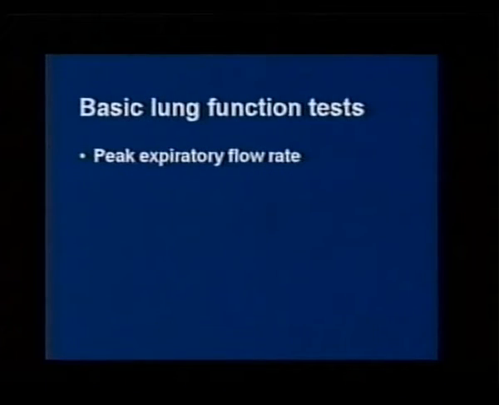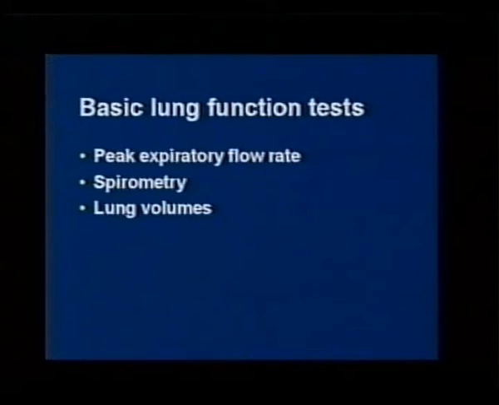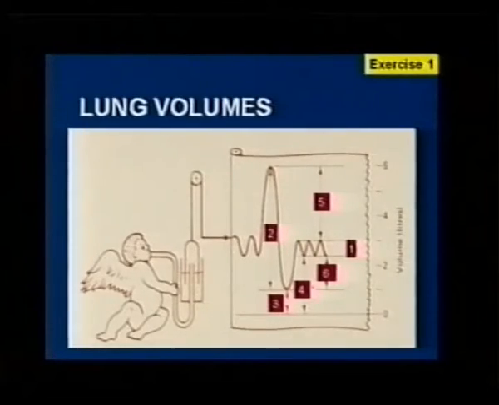There are several basic lung function tests. Peak expiratory flow rate, or the PEFR, is a very useful bedside test, but spirometry, the lung volumes and diffusion capacity are not commonly done.